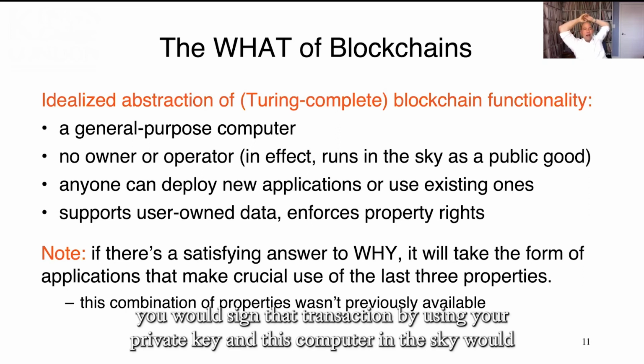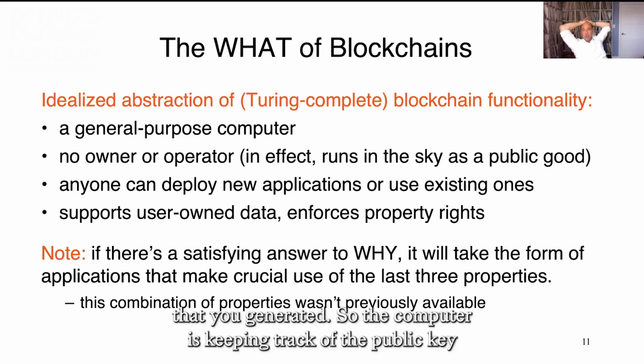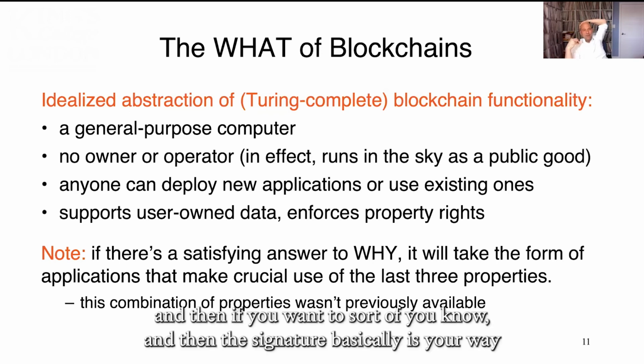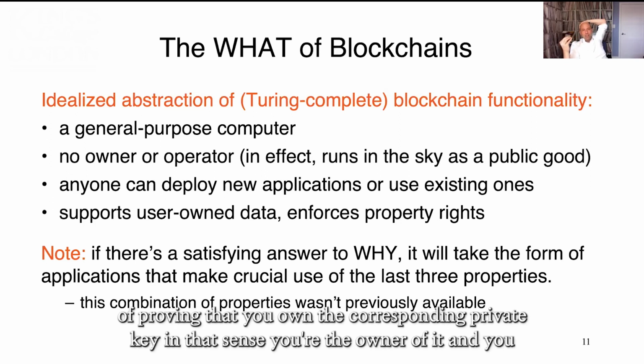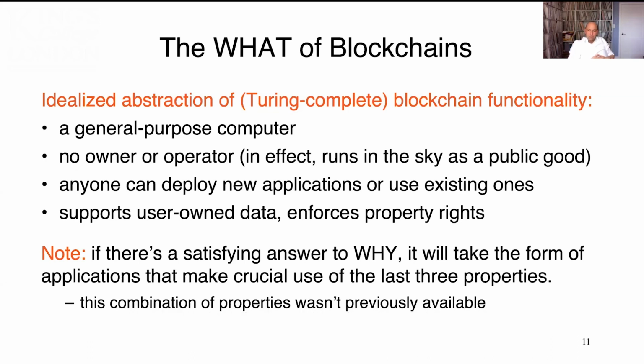And this computer in the sky would recognize that as a legitimate transaction because it would verify the signature that you generated. The computer keeps track of the public key associated with a piece of digital data, and the signature is your way of proving that you own the corresponding private key. In that sense, you're the owner of it and you should be able to do whatever you want with it. So it's cryptography that enforces it.